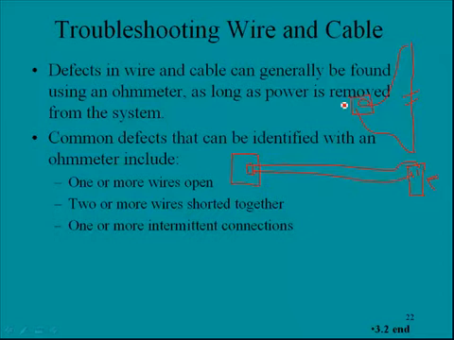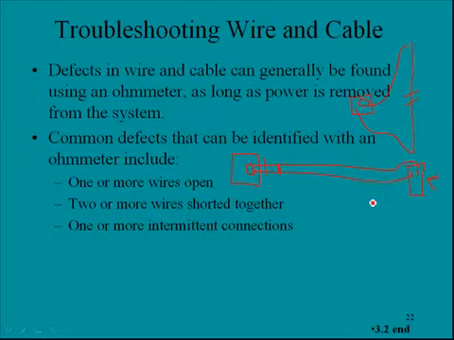Notice it says here, as long as power is removed from the system. And the trick that electricians do is that if they suspect that one of these wires is open, first they turn the power off, then they remove these two wires, and they short these together.